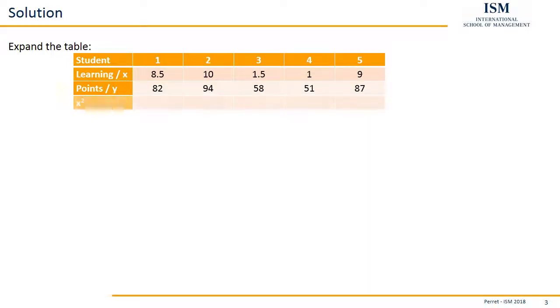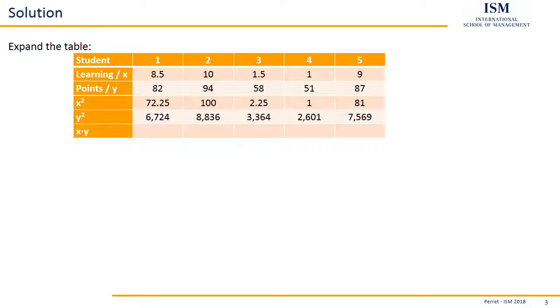In the first row we calculate x squared, so all the x values to the power of 2: 8.5 to the power of 2, 10 to the power of 2, 1.5 to the power of 2, 1 to the power of 2, and 9 to the power of 2. Then we do the exact same thing for y: 82 squared, 94 squared, 58 squared, 51 squared, and 87 squared.